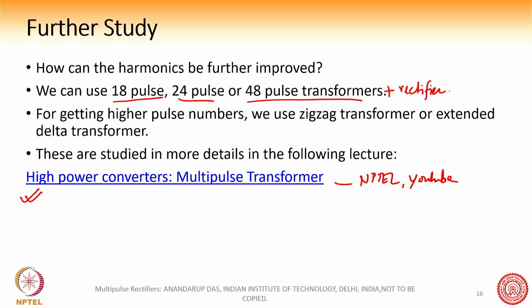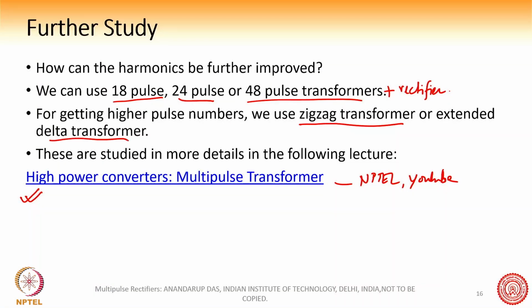You can go through it, but basically these higher pulse arrangements are used in high performance drives, and in many cases in high voltage DC transmission, HVDC, from where these concepts have come.